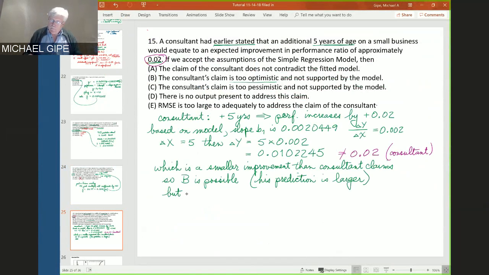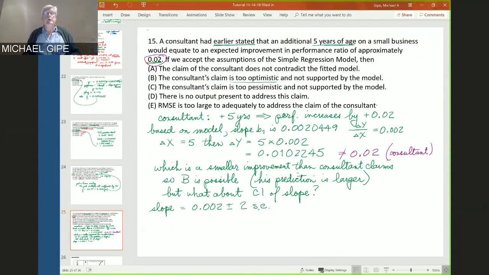So what about the confidence interval of the slope? Is it supported or not supported by the model? So let's look at the confidence interval. So the slope is 0.002 plus a bit, plus or minus 2 standard errors.